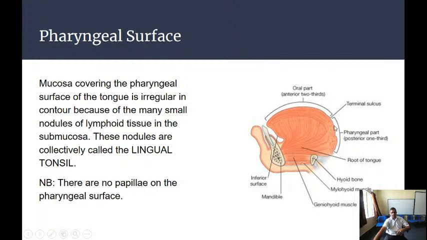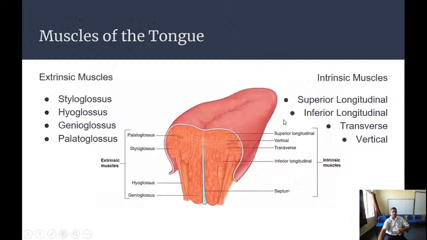The thing you have to note is there are no papillae on the pharyngeal surface. The various papillae that we have described are not present in the posterior one third of the tongue.